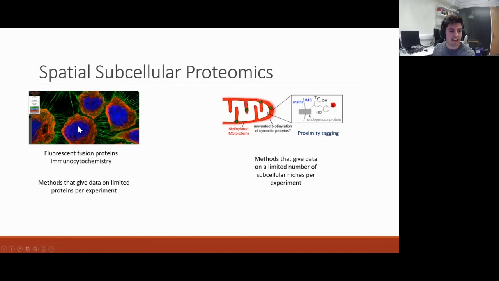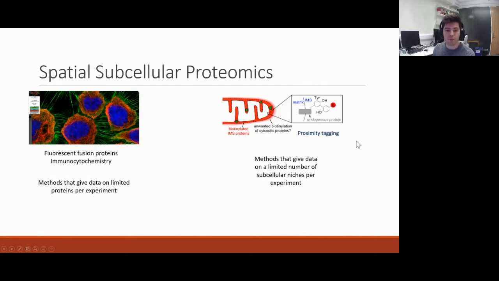But this requires an antibody, so you are at the will of the specificity of that antibody. It's low in throughput and can be rather expensive. We have a further challenge in phosphoproteomics because you need an antibody that's specific to the phosphorylated version of that protein, not just that protein.